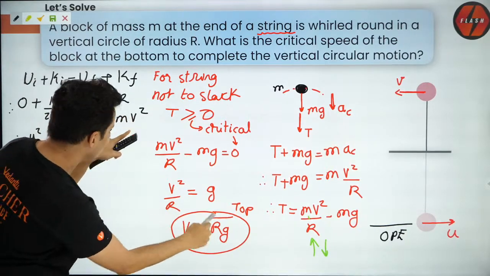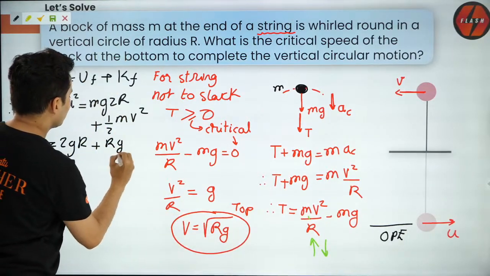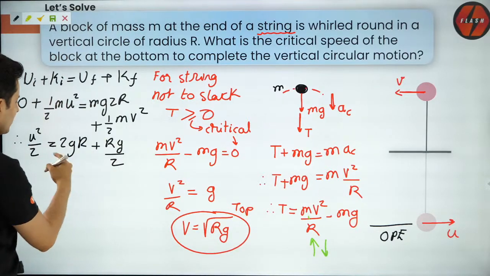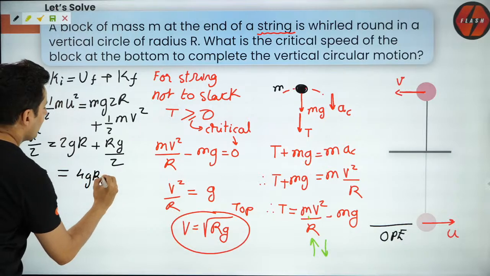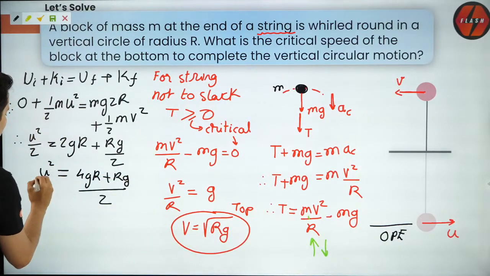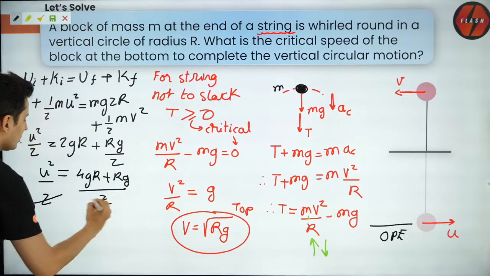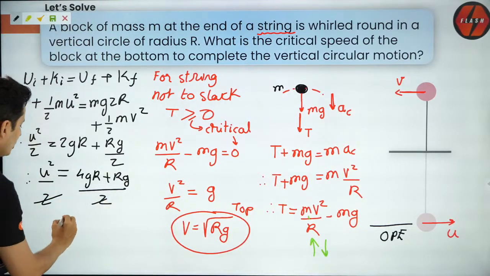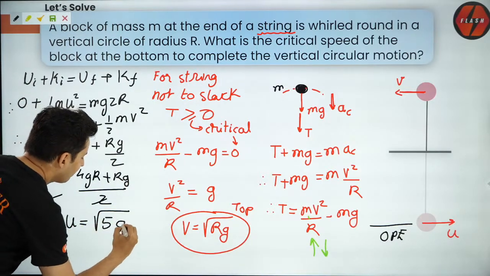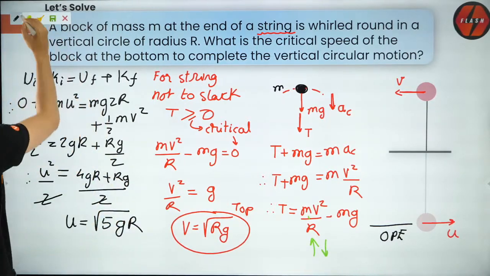V square, what is v square? It was rg. So this will become 2 2s are 4, so 4gr plus rg, divided by 2, but here you have u square by 2, this 2 and this 2 get cancelled and you will get u square as 4 plus 1 is 5, so u is root 5gr. That is the answer.